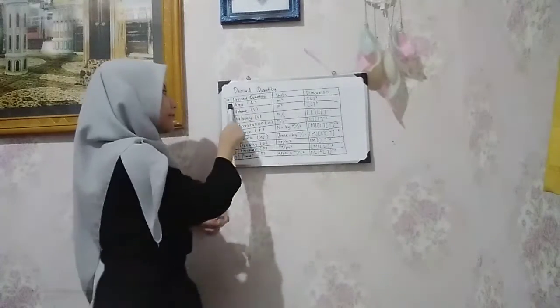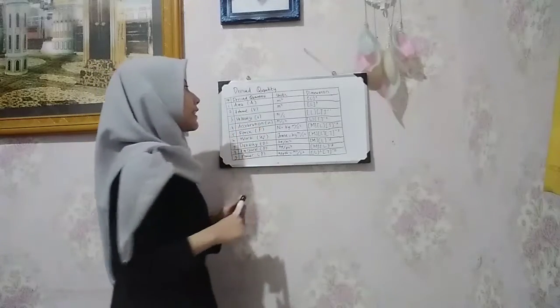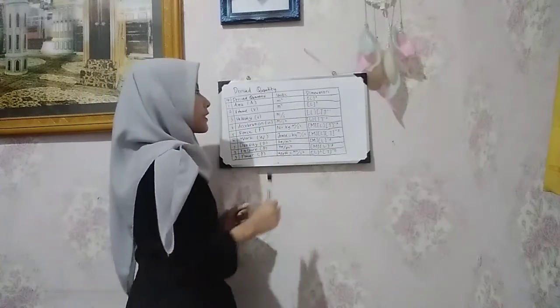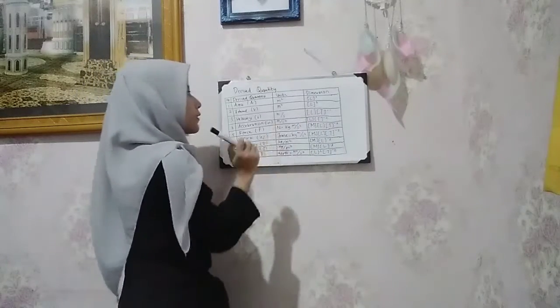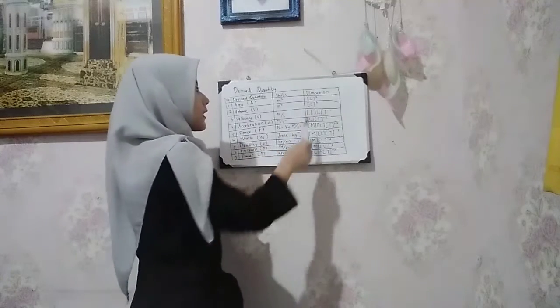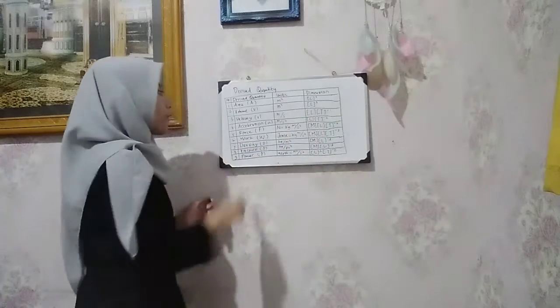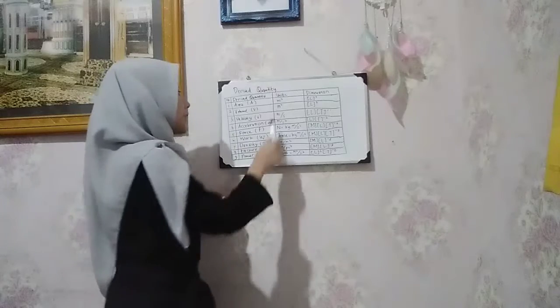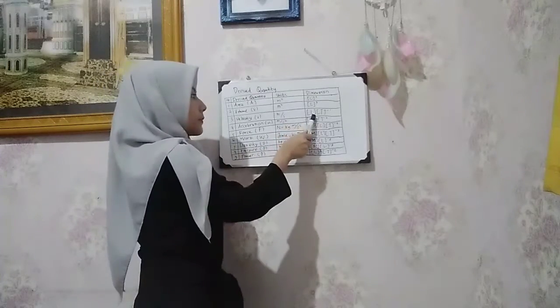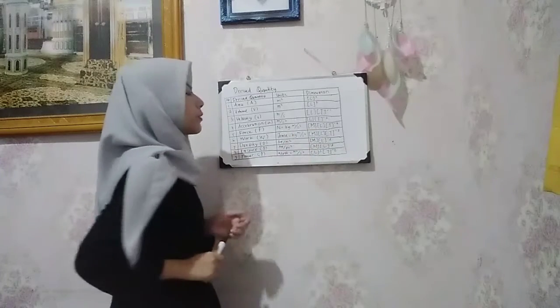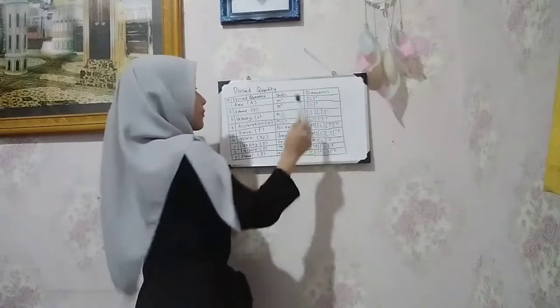Derived quantity. Number 1, area. Unit is meter square. Dimension is L square. Number 2, volume. Unit is meter cubic. Dimension is L cubic. Velocity. Unit is meter per second. Dimension is L t to the power of -1. Acceleration.